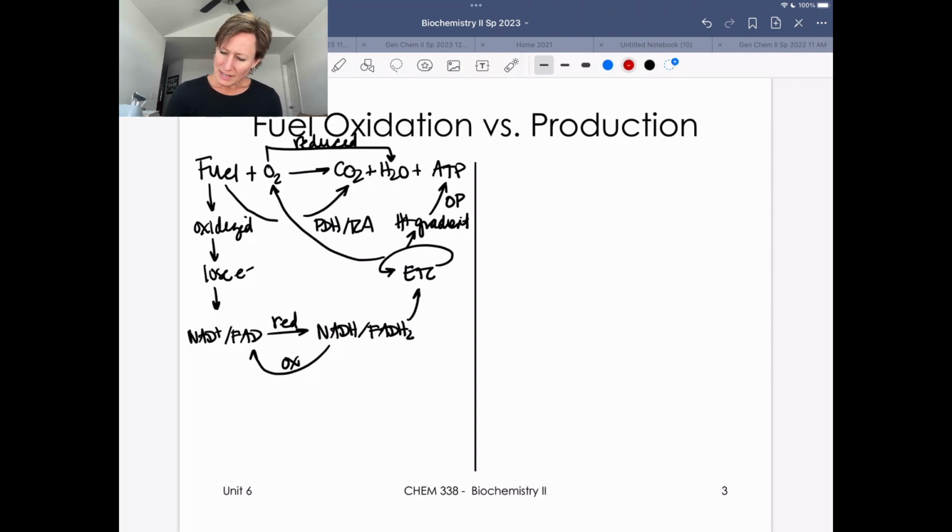So one of the pieces that I want to make sure to highlight here, and again, draw a parallel and a contrast with what we know with fuel production when we think about what happens with chloroplasts, is these molecules, right? This is where we get our electrons to go to the electron transport chain. These are high energy by virtue of their chemical composition.